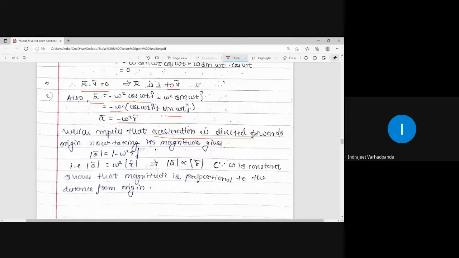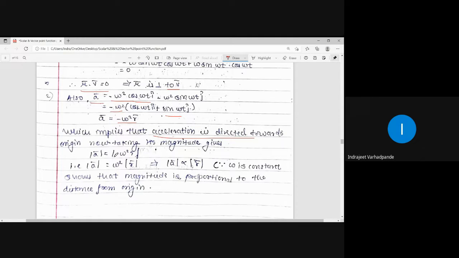Why? Because of the minus sign. In general, we initiate the position vector from the origin, but it is showing a minus sign, which means it is coming towards the origin. Now calculate the magnitude.